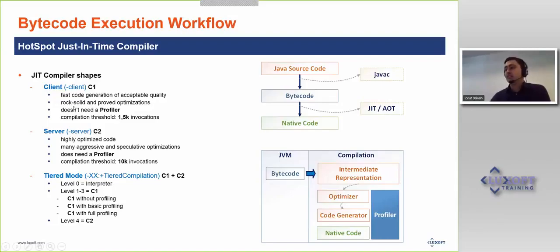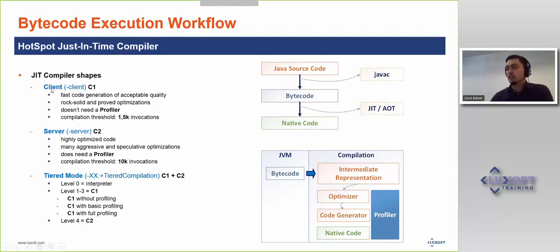And this client compiler does only rock solid and proven optimizations. It means that the compiler during the runtime does not optimize something if it is not sure about it. By comparison, the server compiler, C2, does a lot of aggressive optimizations.